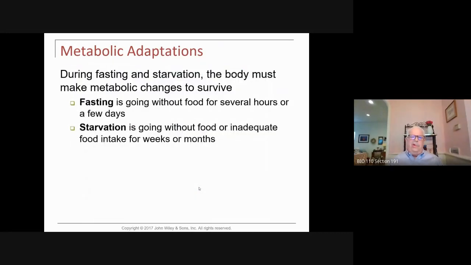But you should know the difference between fasting and starvation. When you fast, you're going without food for a few hours or several days. When you starve, you go without food for weeks or months. So that's very, very important to understand the difference.